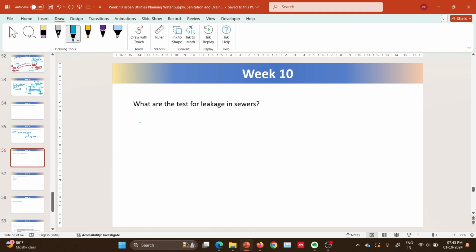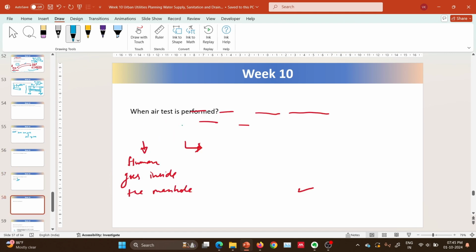What are the tests for leakages in sewers? The leakage tests are the water test and the air test. So when do we do the air test?